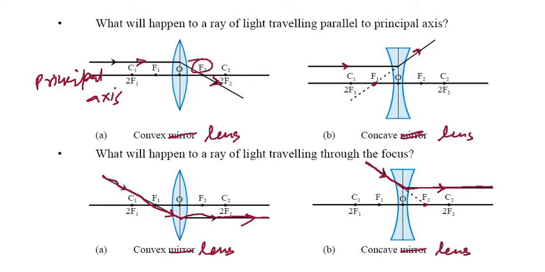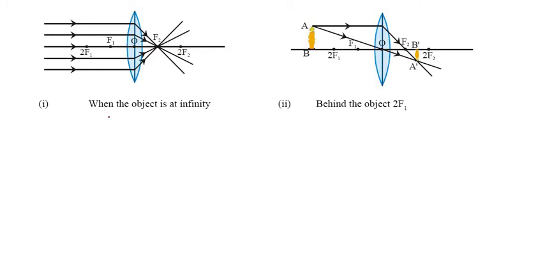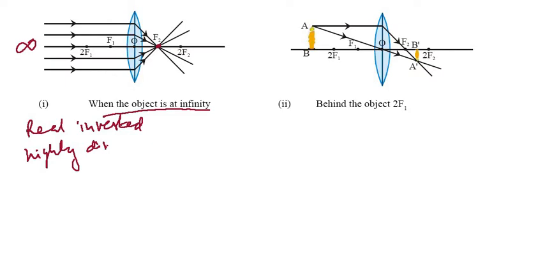Now come to the next, that is when the object is at infinity. When our object is at infinity, its image is formed at the focus, and that is a real image, real, inverted, highly diminished, and behind the lens.